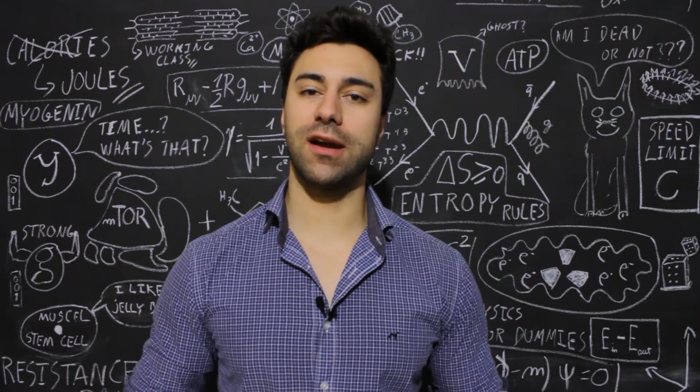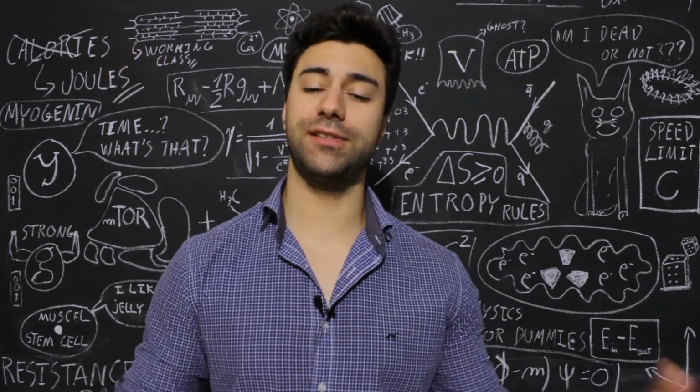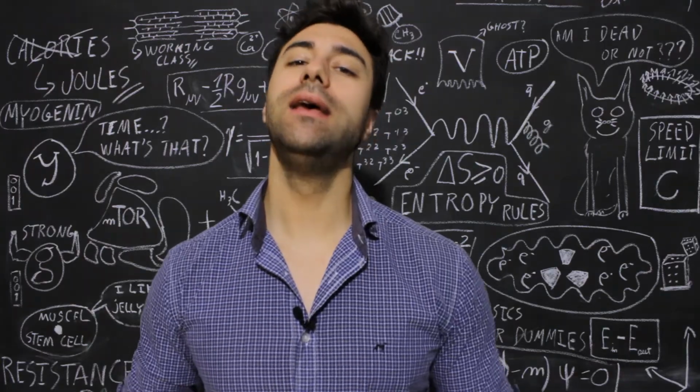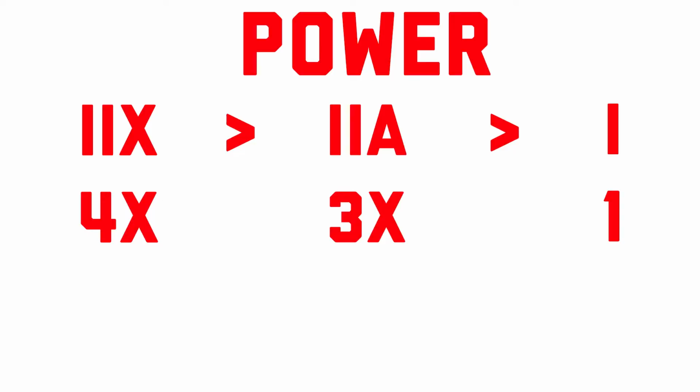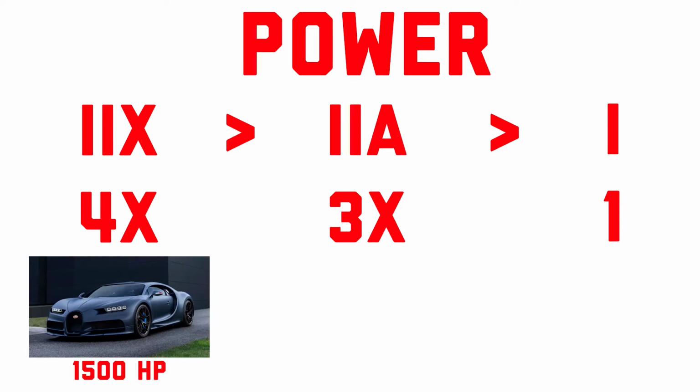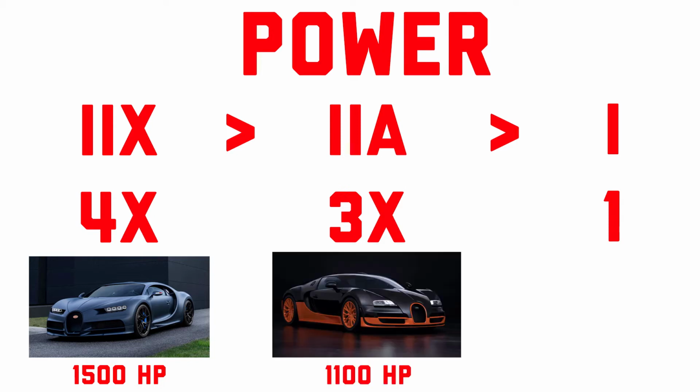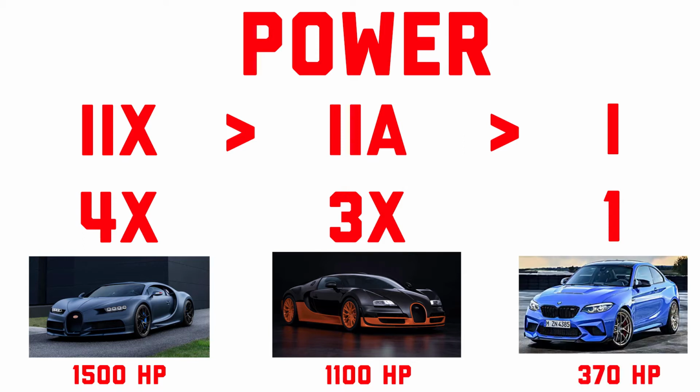And to use another analogy, this time we use a car analogy. You can imagine that the type 2X muscle fiber is a Bugatti Chiron with 1500 horsepower, and the type 2A is also a Bugatti, only this time a Super Sport with 1100 horsepower, and the type 1 muscle fiber is a BMW M2 with 370 horsepower.